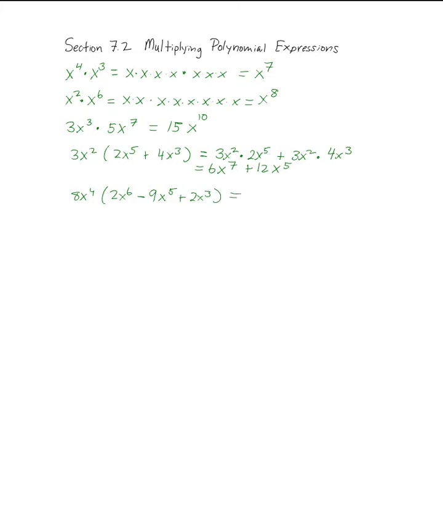I would hope you could pretty much do this in your head. 8 times 2 is 16, and then I add my powers, so I get x to the 10, minus 8 times 9 is 72, add my powers, x to the 9, plus 8 times 2 is 16 again, x to the 7. So I would hope when I give you a monomial times a polynomial, you could do it like that in one step.